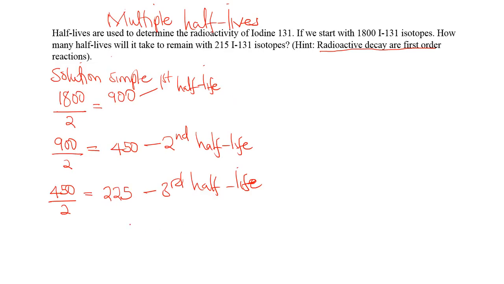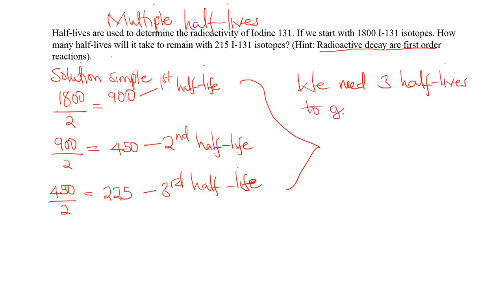Therefore, we need 3 half-lives to get to 215 iodine 131 isotopes.